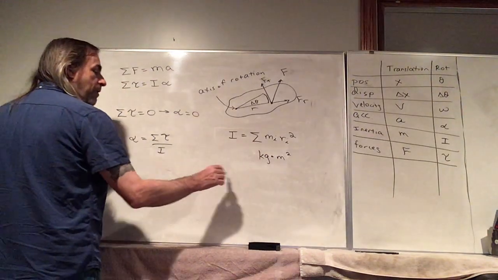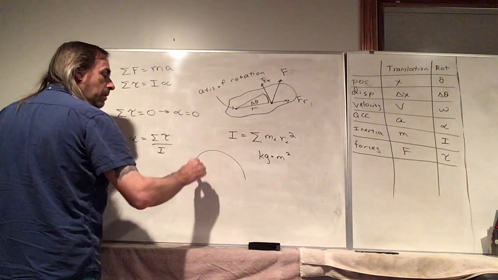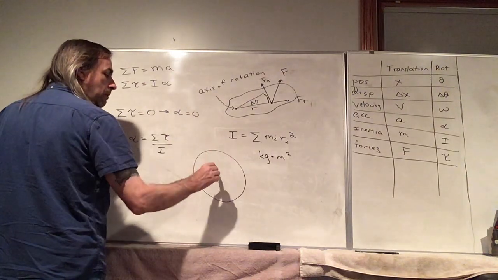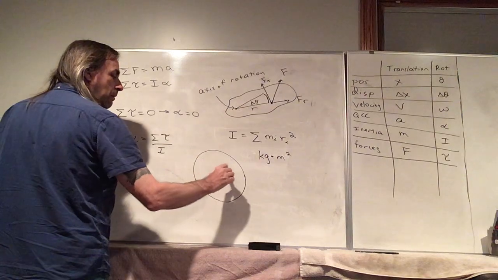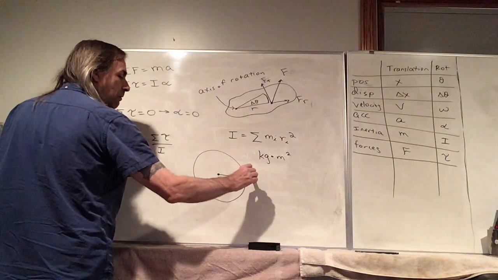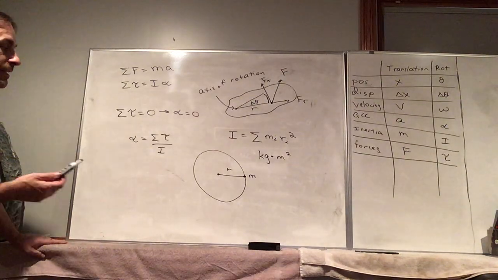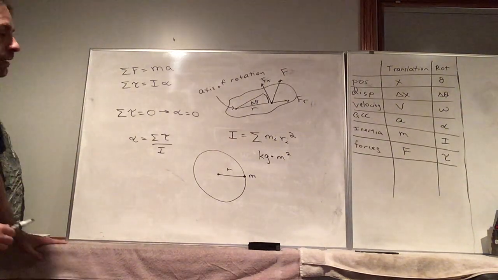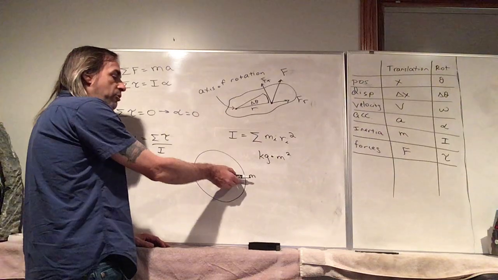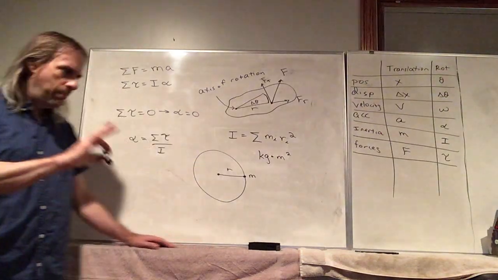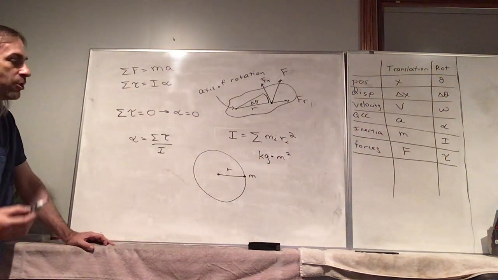So let's say we have a mass on a string. And again, technically we could find the moment of inertia of the string, but let's say the string is so light we can ignore it.